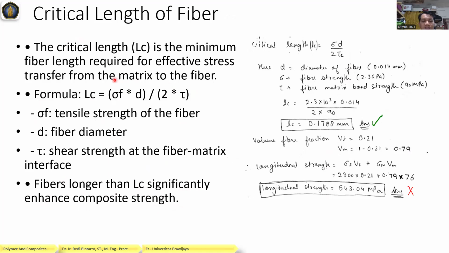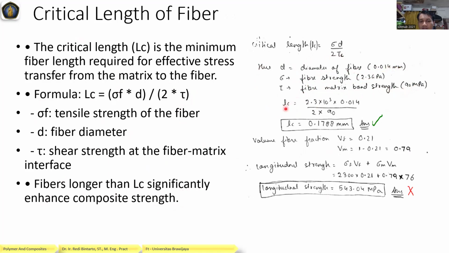This is an example: the fiber diameter is 0.014 millimeter, the fiber strength is 2.3 GPa, and the fiber-matrix bond strength is 19 MPa.